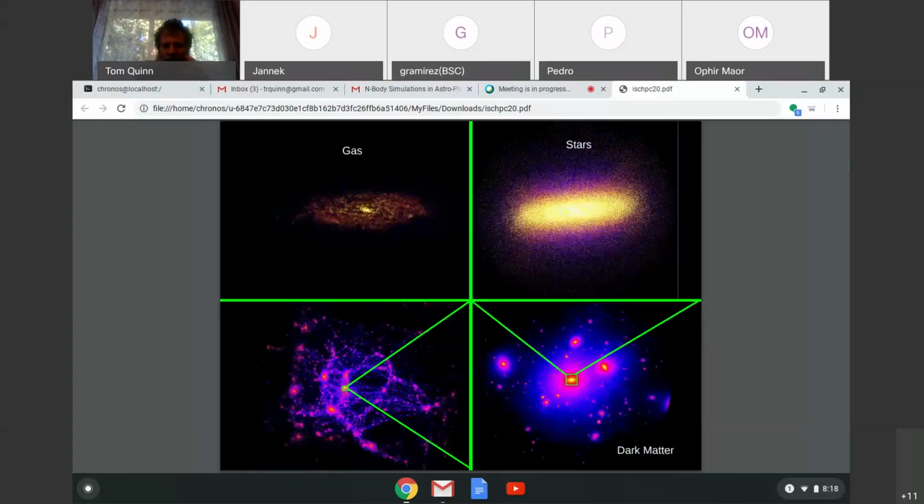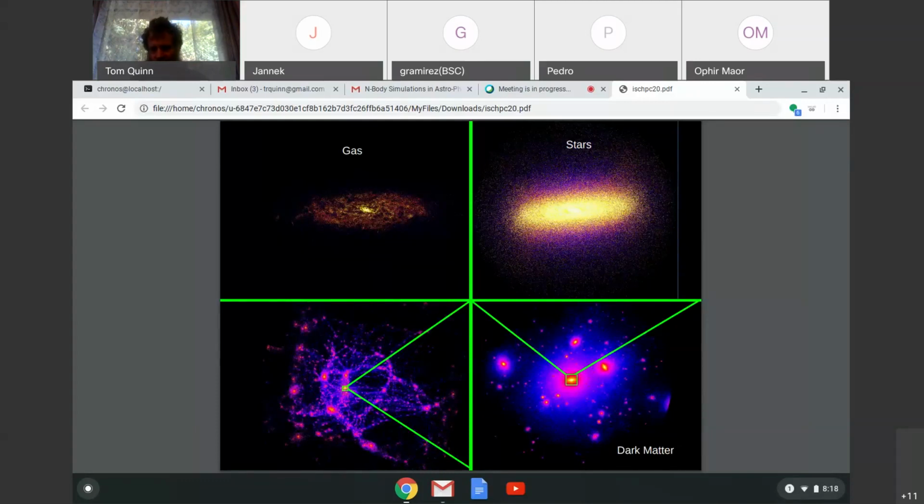And here, just to give you a picture of how these calculations have to be done. This, actually, in the lower left is a distribution of the dark matter in a volume roughly 25 megaparsecs across.